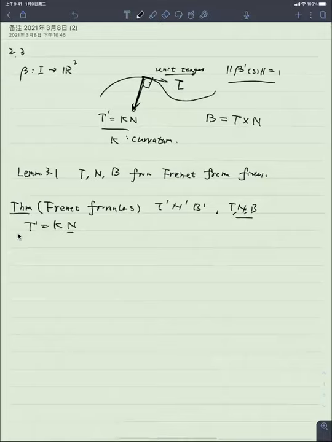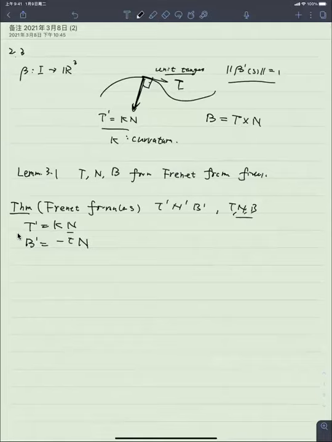It doesn't matter what the name is, but I just mention it here. Next, the easiest to see is that B prime is just a constant times N. And this constant is the opposite value of a very familiar term from physics: it's the torsion.